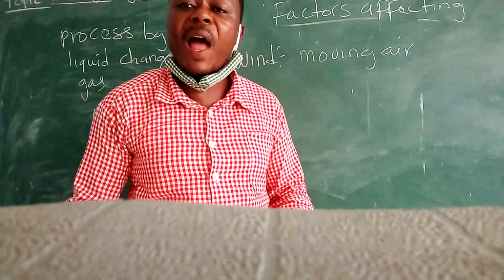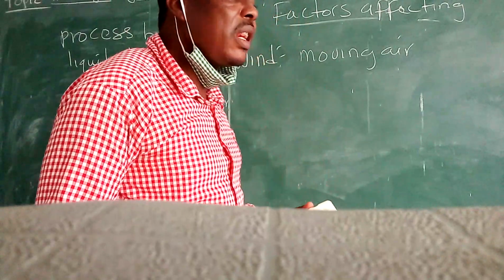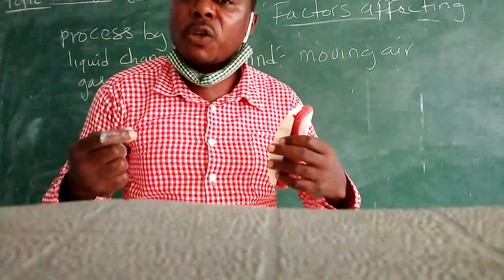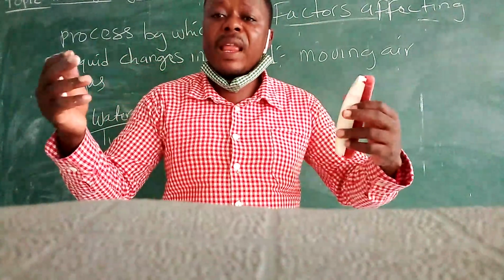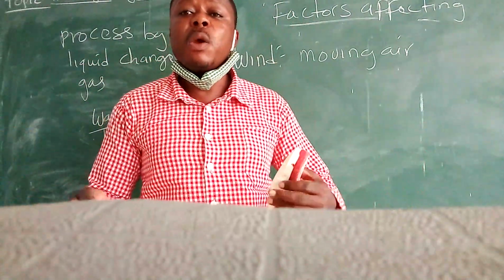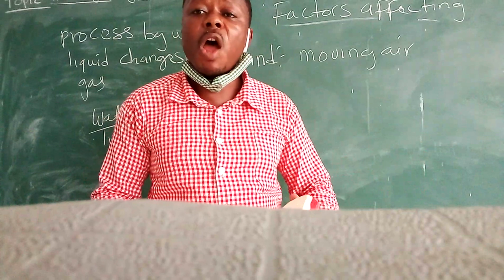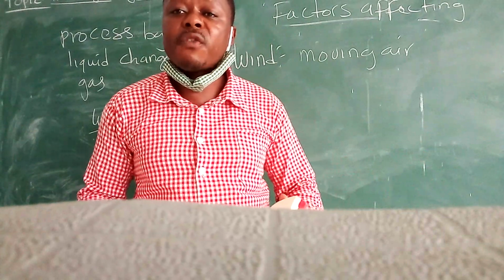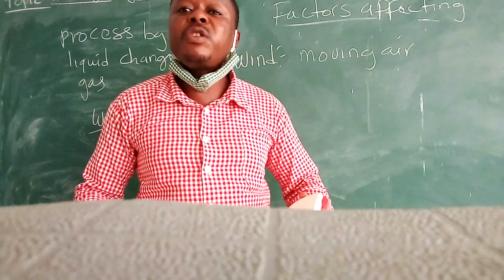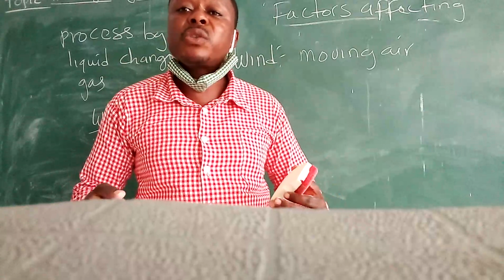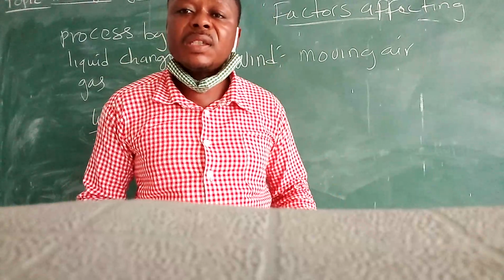This explains why on windy days, even when we do not have sunshine, when we spread our dresses on the hanging line, the wind, the moving air, will help to evaporate the water from our wet dresses, and our wet dresses will get dry even without sunshine.